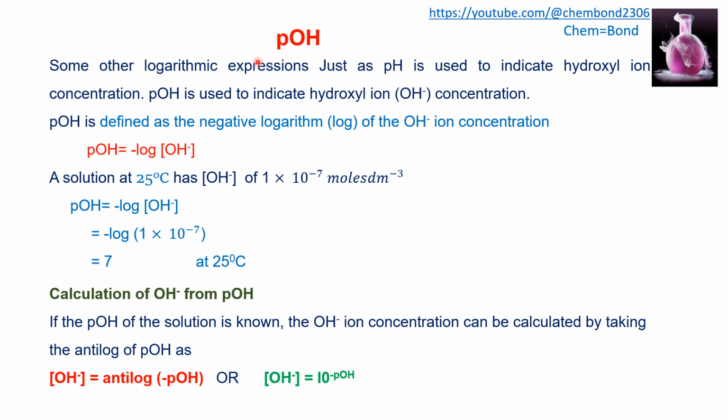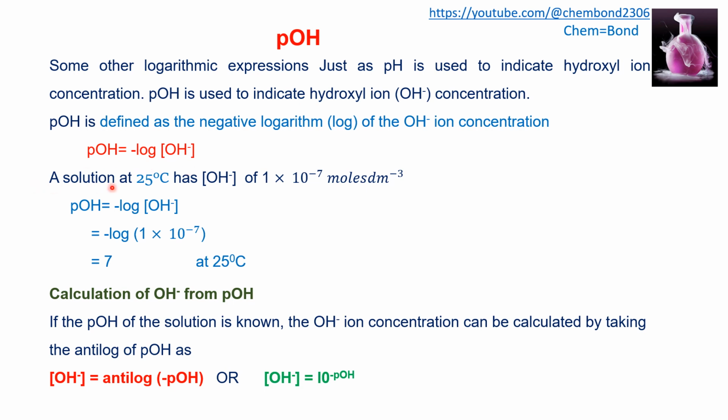The same logarithm expression, just like pH, is used to indicate the hydroxide ion concentration, and that is known as pOH. So pOH is defined as the negative logarithm of the hydroxide ion concentration. pOH is equal to minus log of concentration of hydroxide ion.